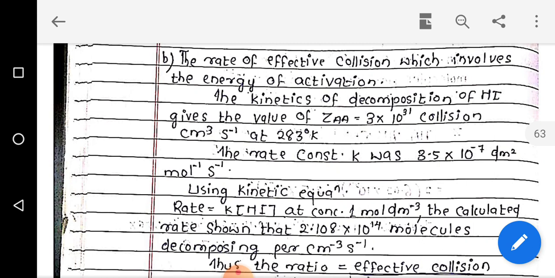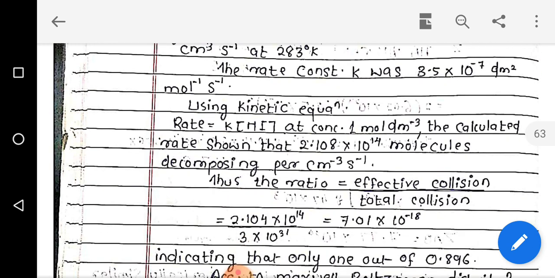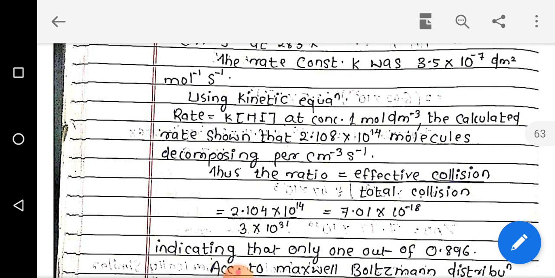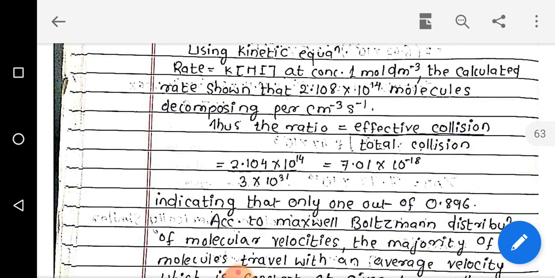The rate constant k was 3.5 into 10 to the power minus 7 decimeter cube per mole per second. Using kinetic equations, the rate is equal to k into the concentration of HI at concentration 1 mole per decimeter cube. The calculated rate shows 2.108 into 10 to the power 14 molecules decomposing per centimeter cube per second.